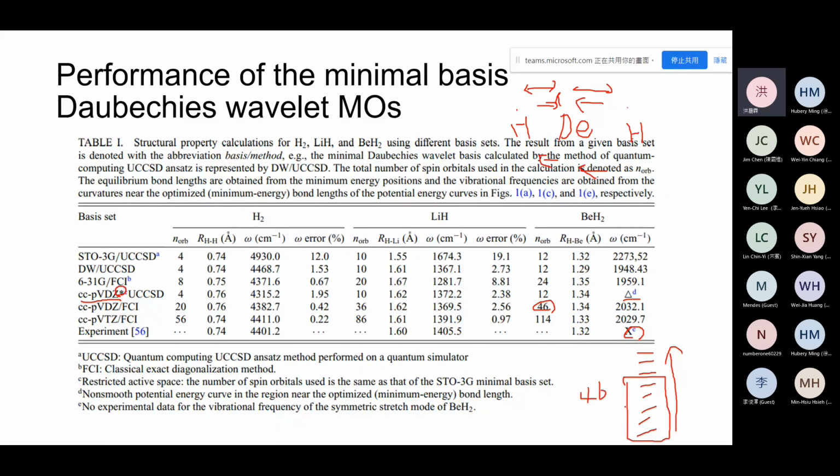And since we only consider these first 12 orbitals, when calculating the energy, the potential energy curve is non-smooth in the region near the optimized bond length. So although this method can reduce the qubit resource, it cannot always guarantee you can calculate the experimental measurable property.